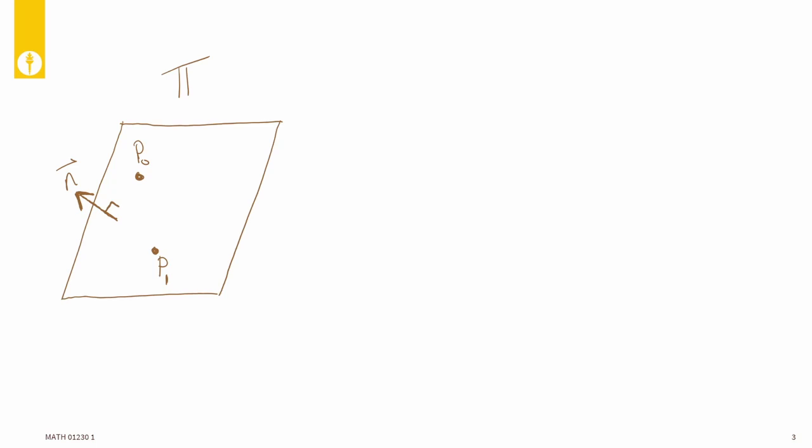First, what do we know about this normal vector? It's normal to the plane, so what else do we know about it? It's perpendicular to the... Can it be perpendicular to a point?